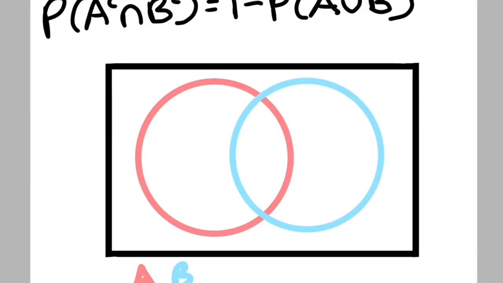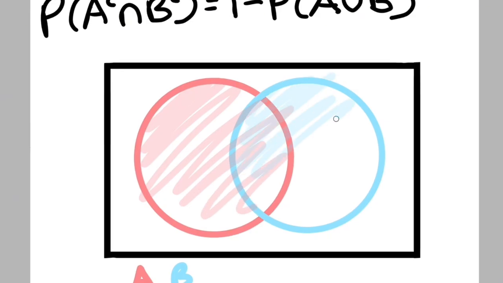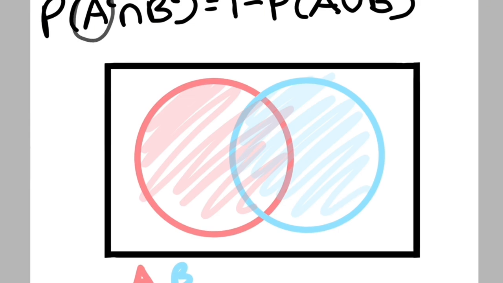So P(A∪B) is basically saying that it's either A or B, which is this. So it has to be the complement of A and it has to be the complement of B. This symbol means and.